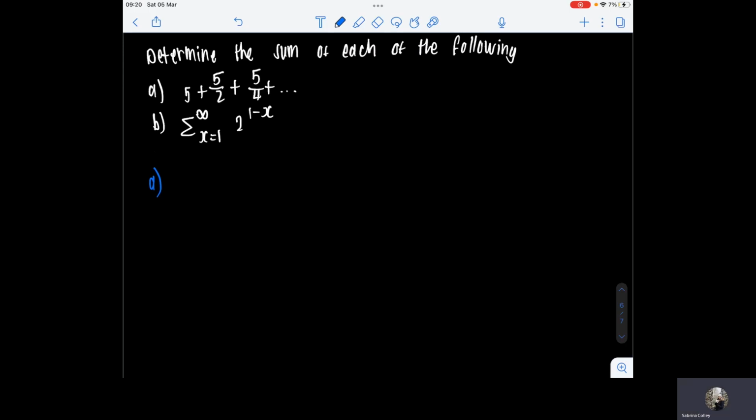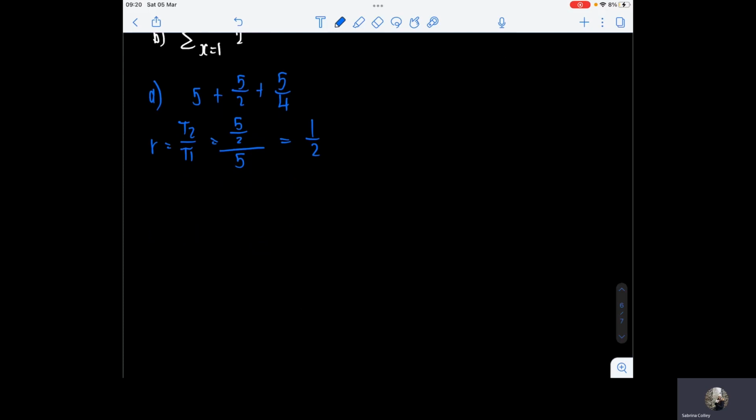I can see that I have 5 plus 5 over 2 plus 5 over 4. Let me determine my ratio. My r is going to be t2 over t1, so that is 5 over 2 divided by 5. That will just give me a half.